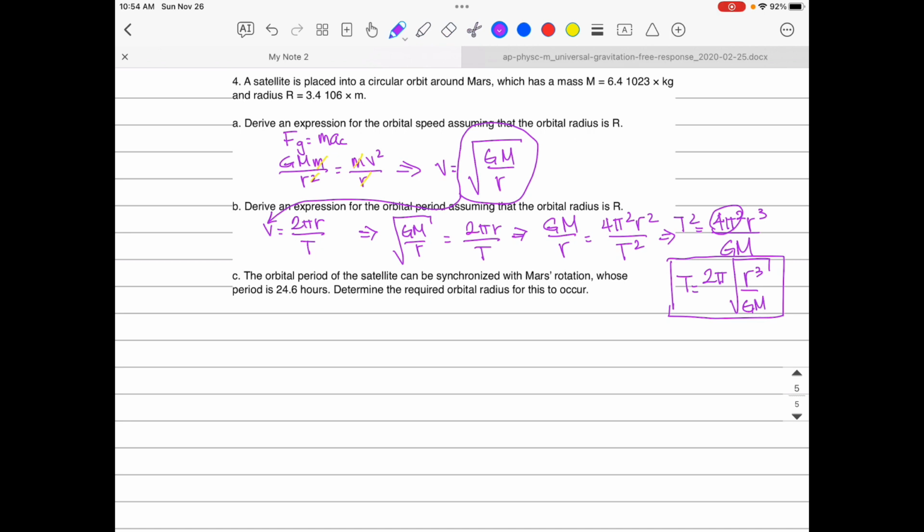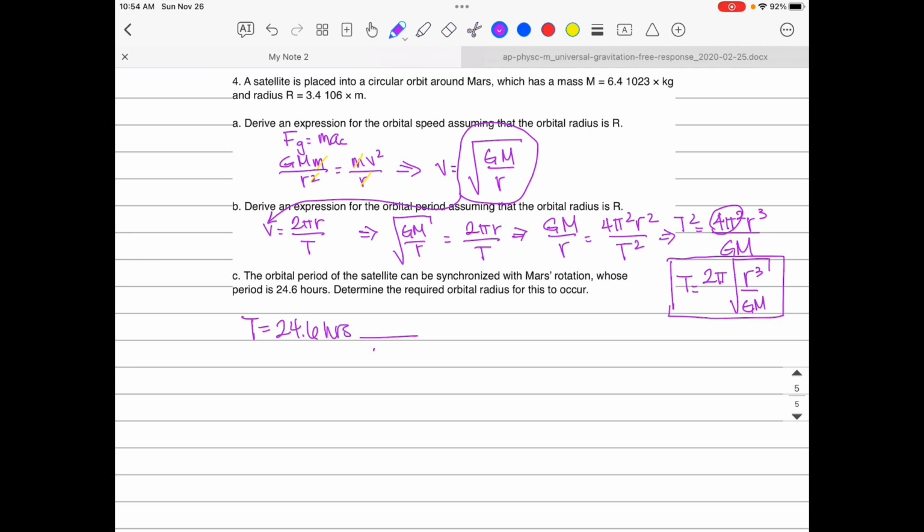And then part C says the orbital period of the satellite can be synchronized with Mars's rotation, whose period is 24.6 hours. Determine the required orbital radius for this to occur. So what we have is a period of 24.6 hours.